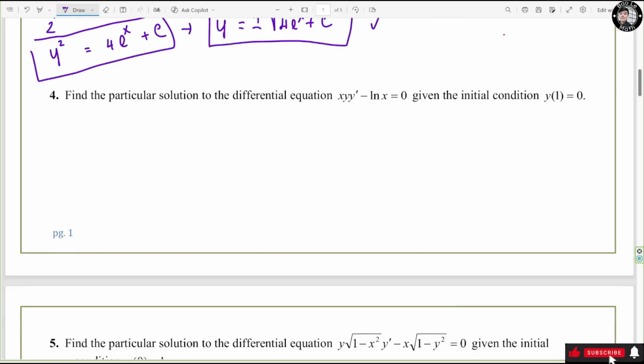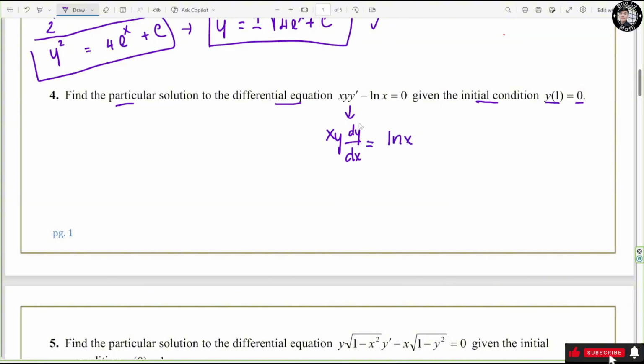Now let's move on to question 4. Find the particular solution to the differential equation x y y prime minus ln x equals 0, given the initial condition y of 1 equals 0. This one can be written as x y dy over dx equals ln x.